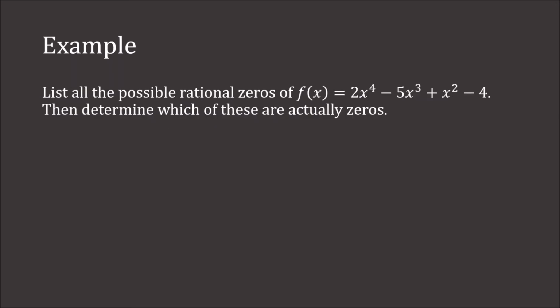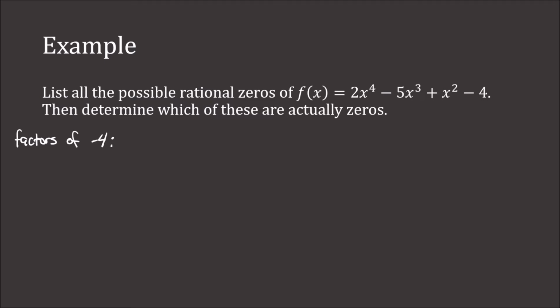Given the polynomial 2x to the fourth minus 5x cubed plus x squared minus 4, we wish to list all the possible rational zeros and then determine which of these are actually zeros. So the first thing we want is p. So these are the factors of negative 4.